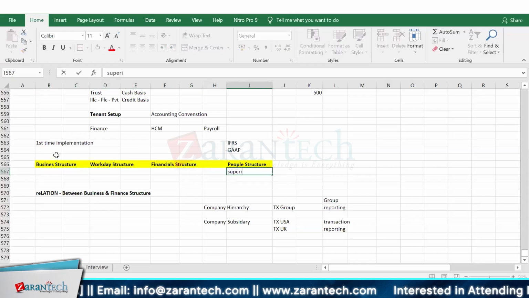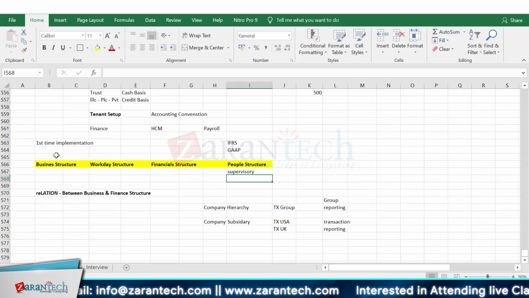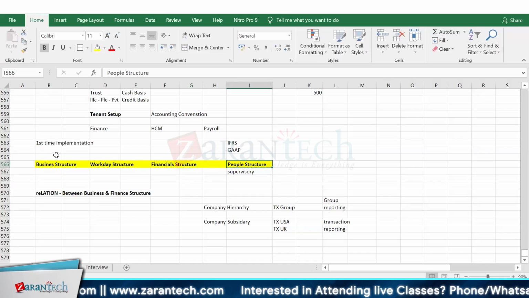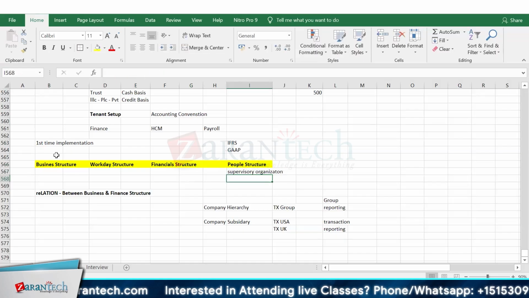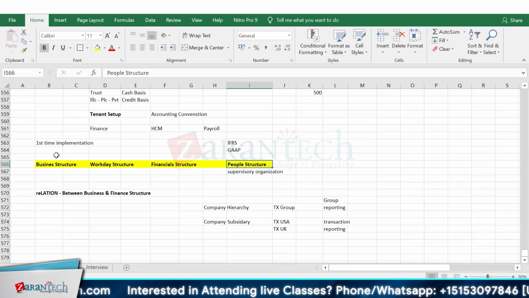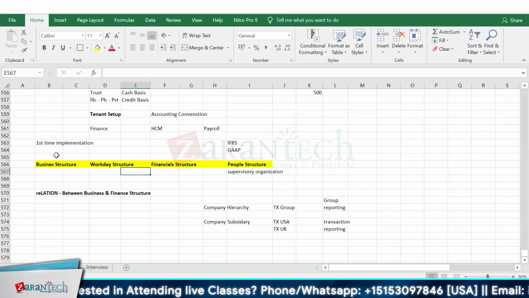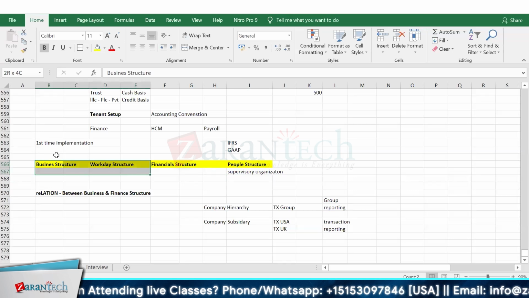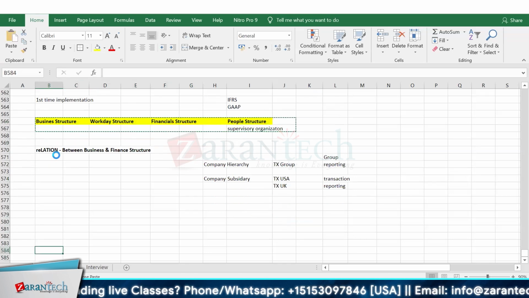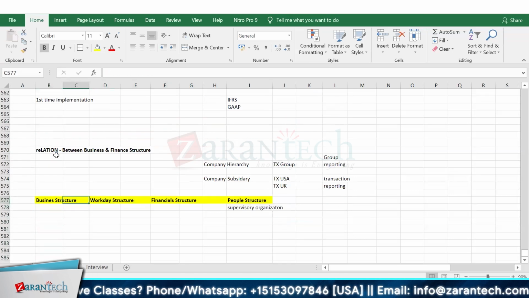Exactly. Supervisory organization: when we define it and relate it with our company, with cost center, with region, the people structure has already been set up. One supervisory organization or multiple, it's up to you, but one is mandatory for finance. So we define one, and then we have completed our four structures. We now move on to our main topic, if it is okay, good to go.